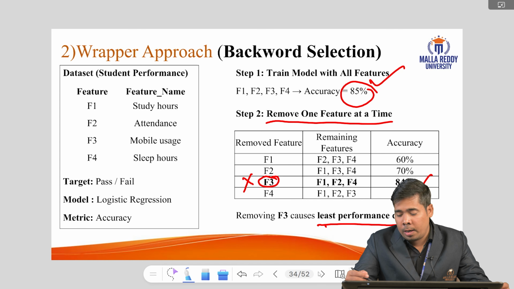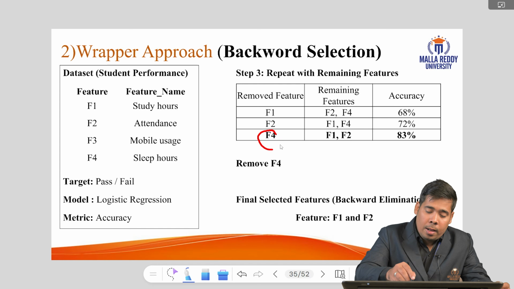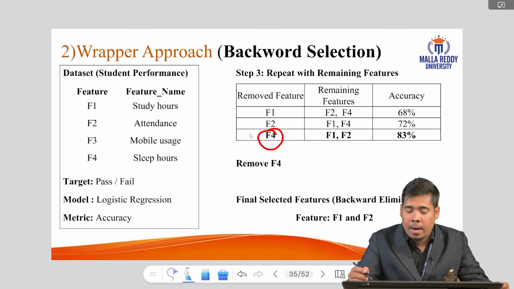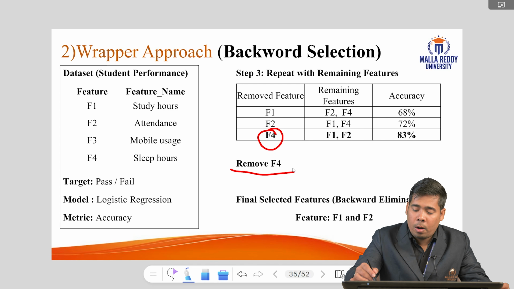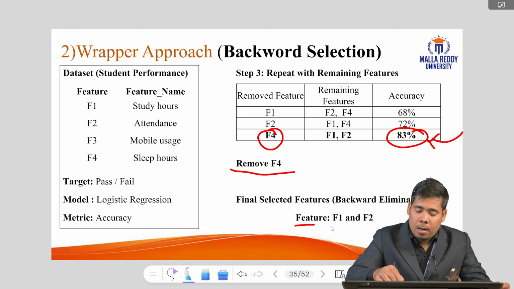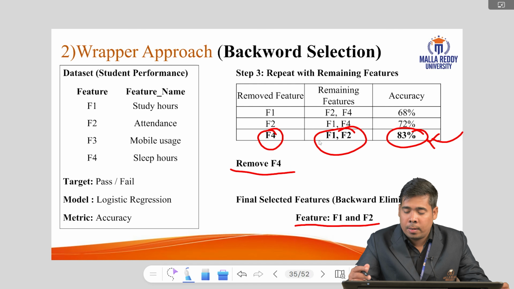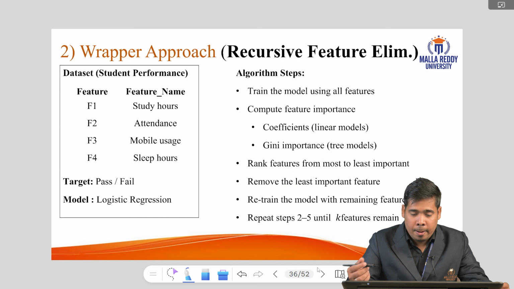Again we'll repeat the same process and observe the accuracy. In the next stage, by removing F4, our accuracy is similar to the previous one, so we can say that F1 and F2 are the best features, giving 83% accuracy.